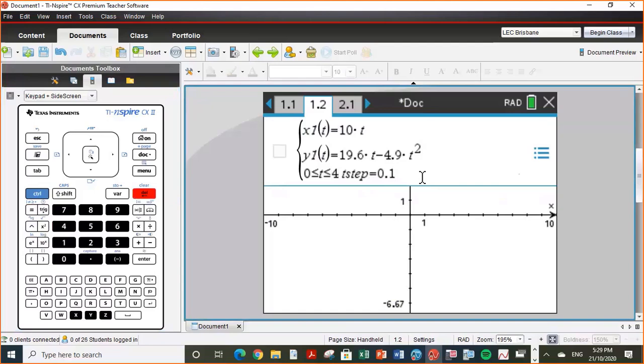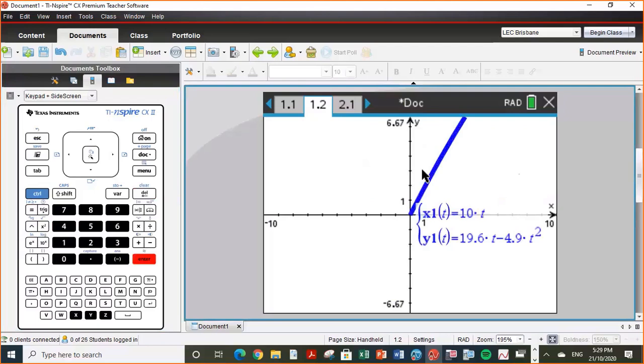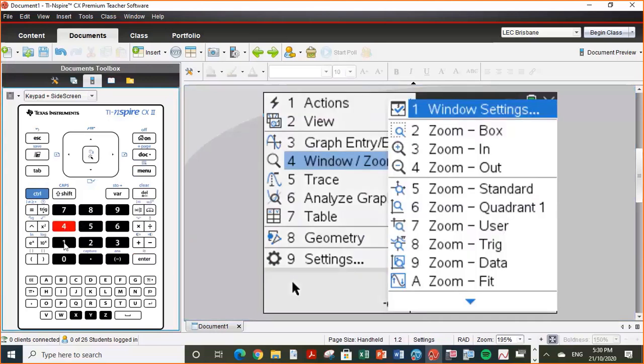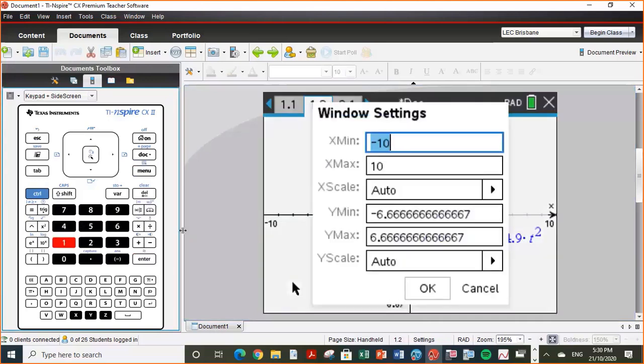Press enter, and we don't get a very good window whatsoever. Now, the key to this is when we go to menu, and choose window zoom and then window settings. Remember that x equals 10t, and we know that t lies between 0 and 4.